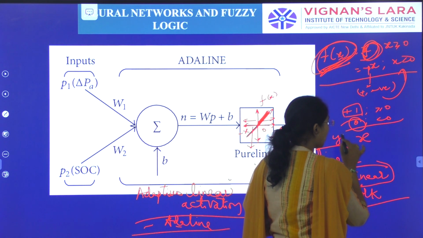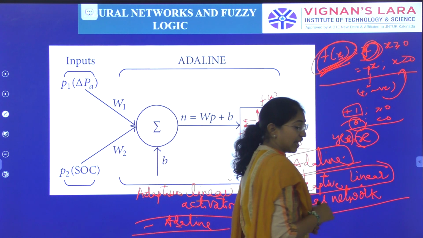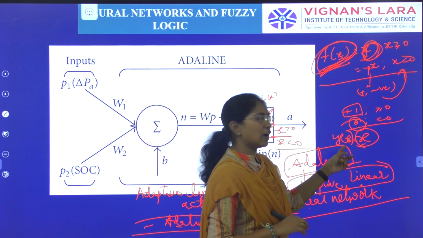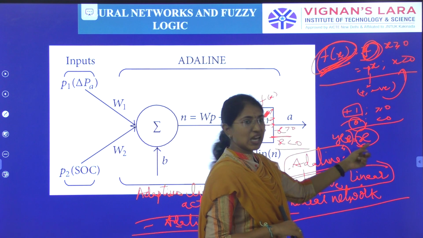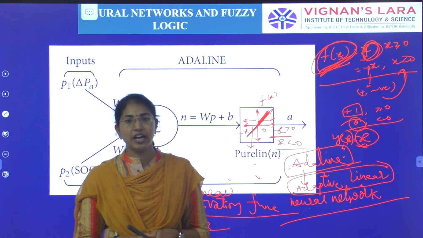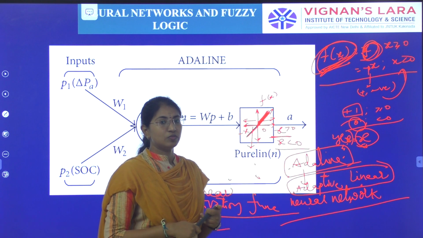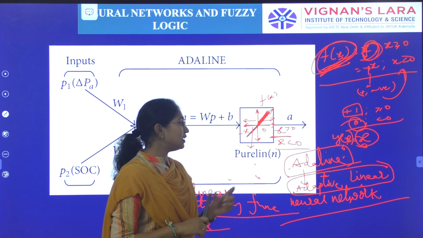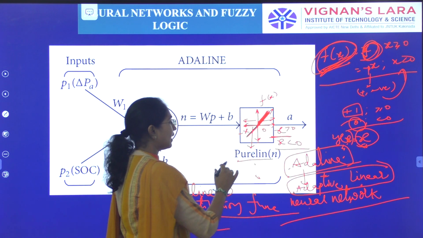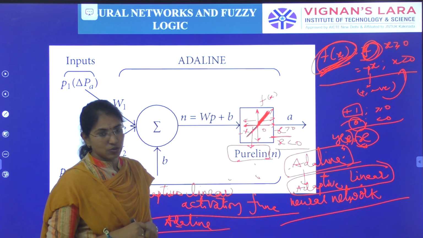So y of x, that is the output, will be same as x. If x is positive, we get y of x as positive. If x is negative, we get y of x as negative. So y of x will be decided by the x-net value, because a linear activation function whose graph is a pure line is used in the Adaline neural network.